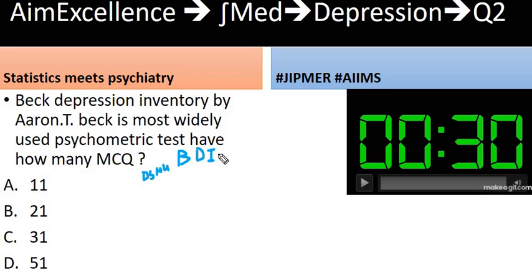Right now we have BDI 2. Now each and every question is marked 0, 1, 2 and 3. So altogether there are a maximum of 21 questions, and the patient fills it up themselves.